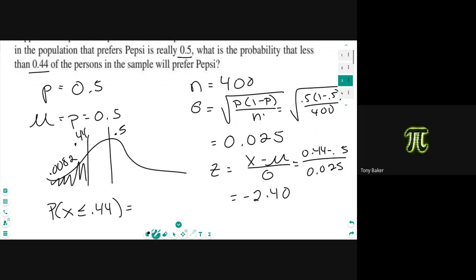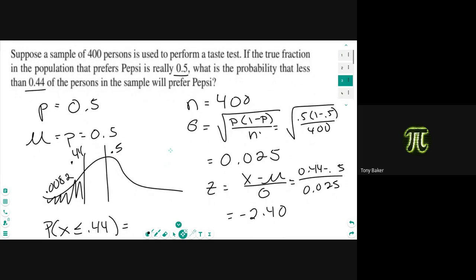Okay. I know exactly what you're asking, and I'm trying to figure out the best way to explain it. Let's see if I can. All right. So when we're looking at the curve for probability, we have a standard deviation.